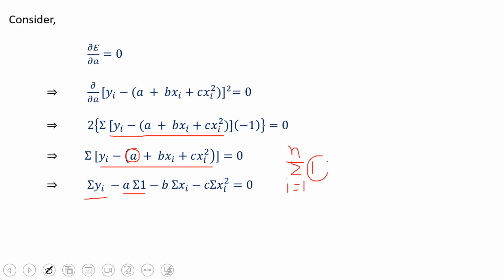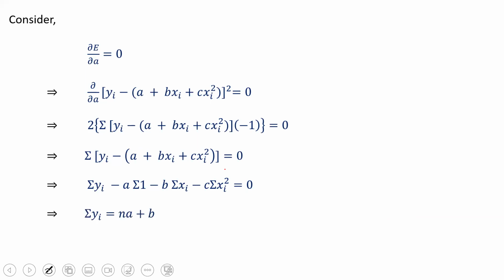If we add 1 n times, for example, if we add 1 two times, we get 2, if we add 1 three times, we get 3, so if we add up to n times, we get n. So here sum of 1, then sum of xi, and then sum of xi whole square. This sum of 1 is equal to n, b sum of xi, and c sum of xi square.